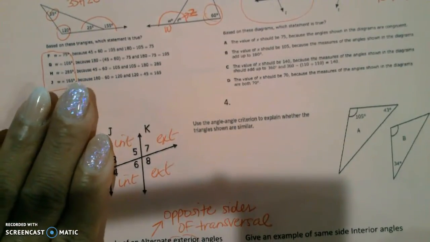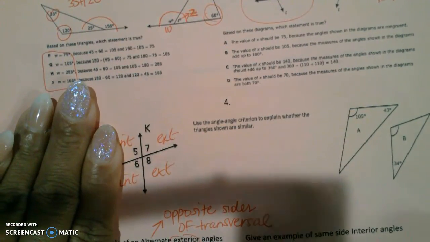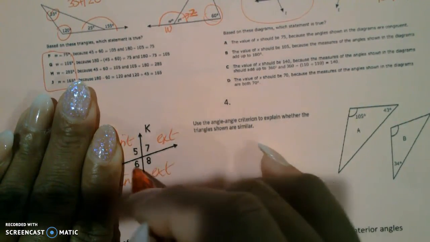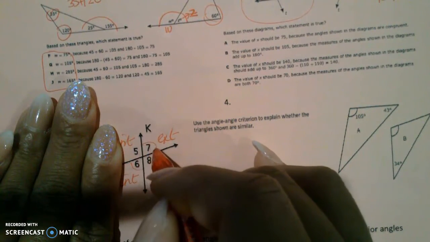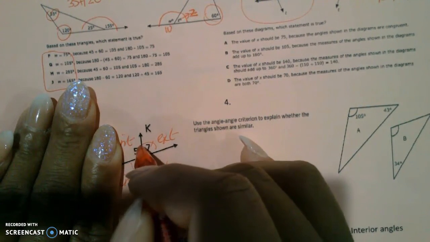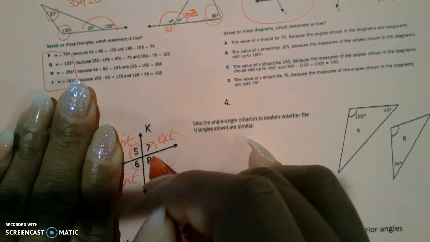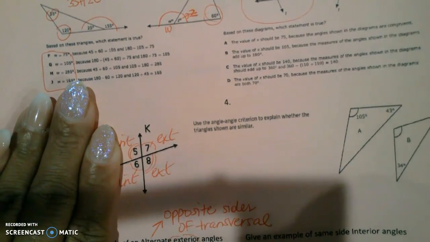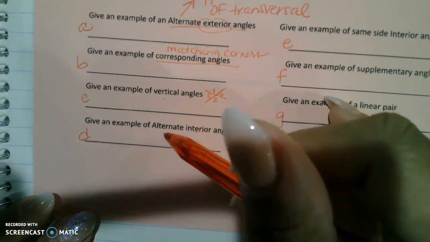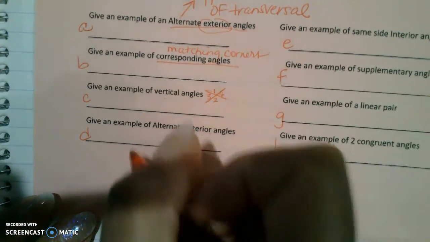So over here you would look at this like an X, and then you would have your vertical angles. So there and there. Those are examples.